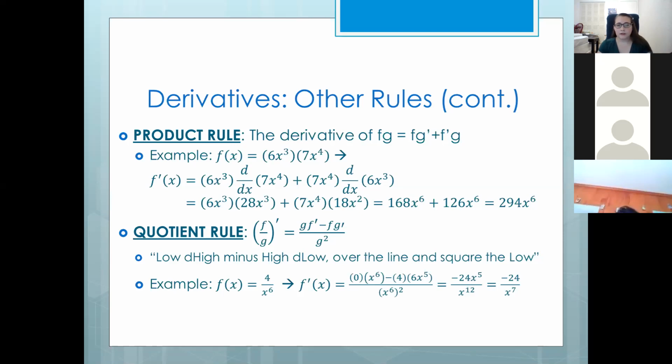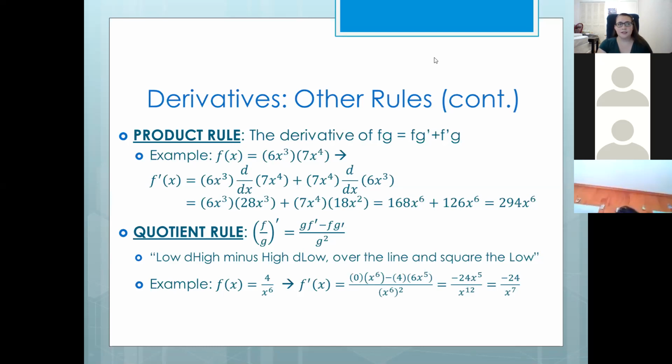So divided by x to the sixth squared, which would give you negative 24x to the fifth over x to the 12th. That can simplify to negative 24 over x to the 7th.